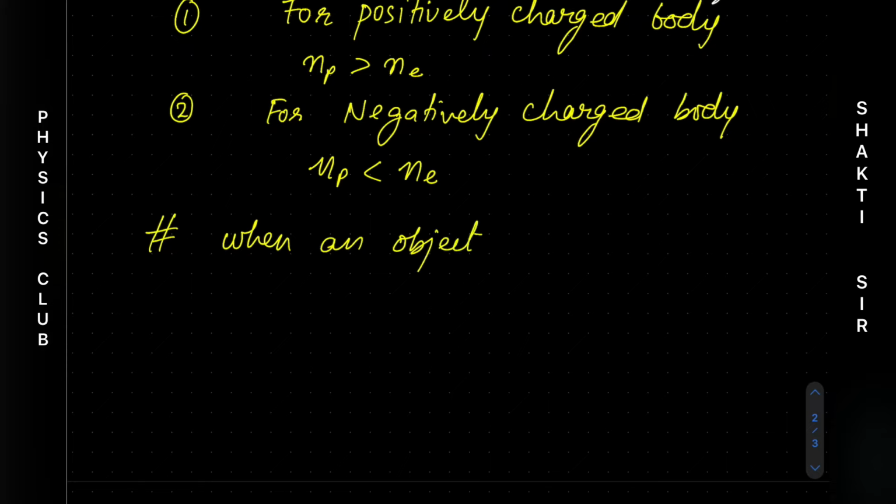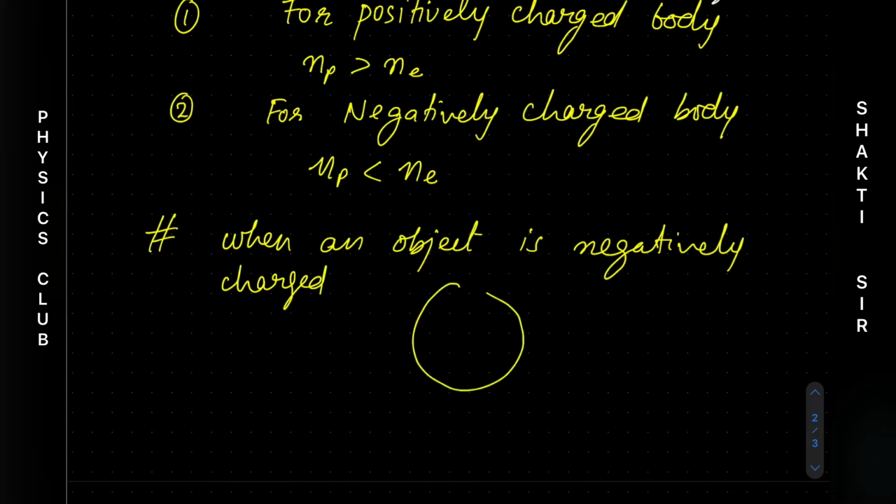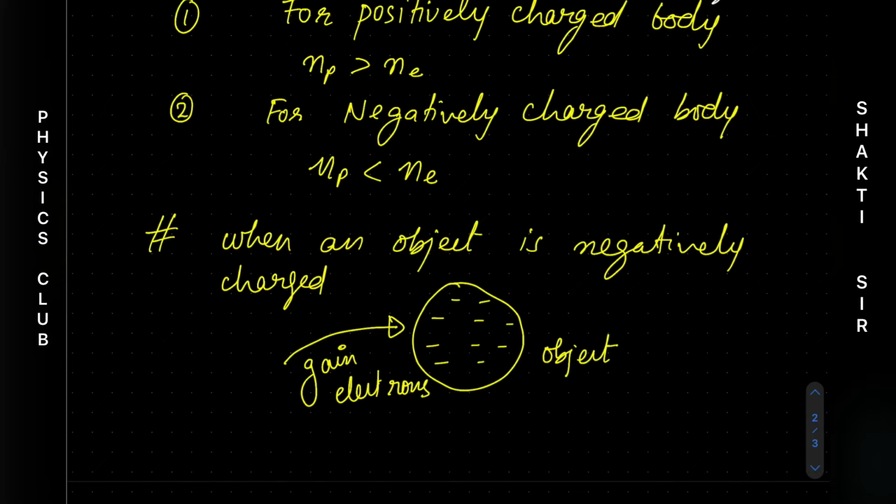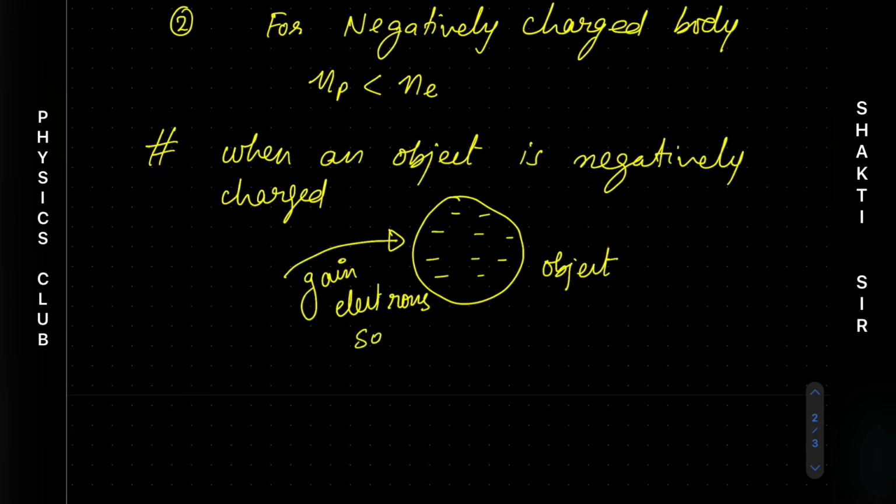One more thing we can say, when an object is negatively charged, it gains electrons and therefore its mass increases slightly. As shown in the diagram, this body gains some electrons. Therefore, due to the mass of electrons, the mass of the object slightly increases, because the mass of the electron is very small.